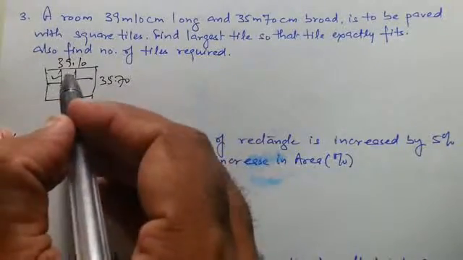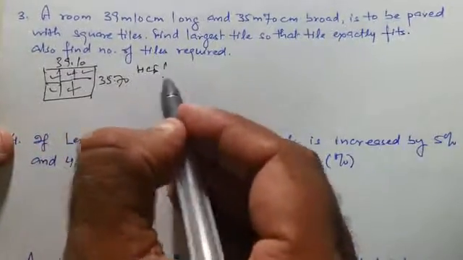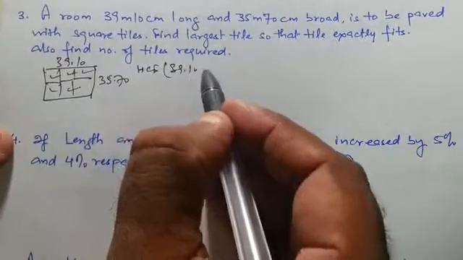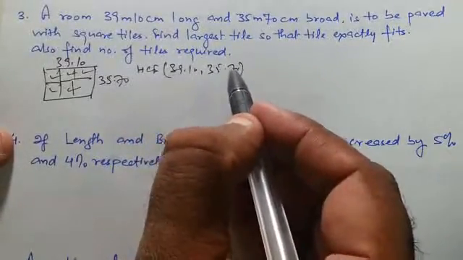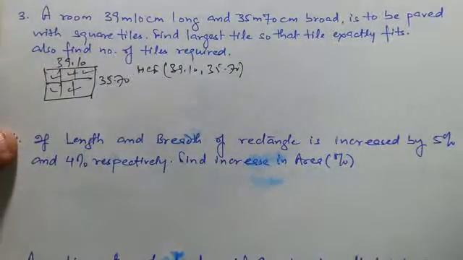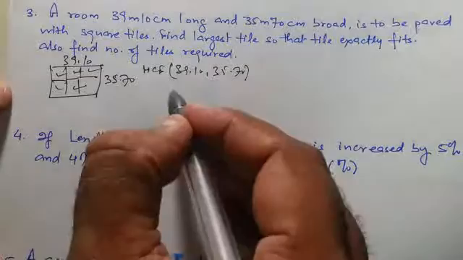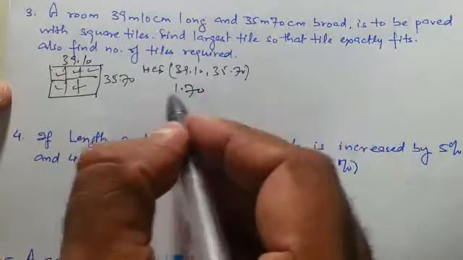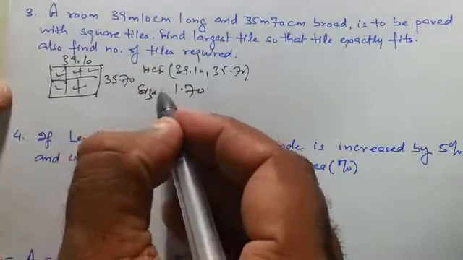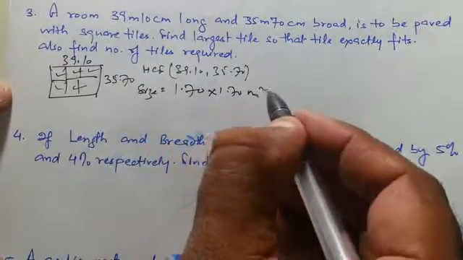So to find the square of largest size, we have to find out the HCF of 39.10 and 35.70. So HCF you already know how to find it out. The HCF of both these values will be 1.70. Correct? So the tile size is 1.70 into 1.70 meters square.